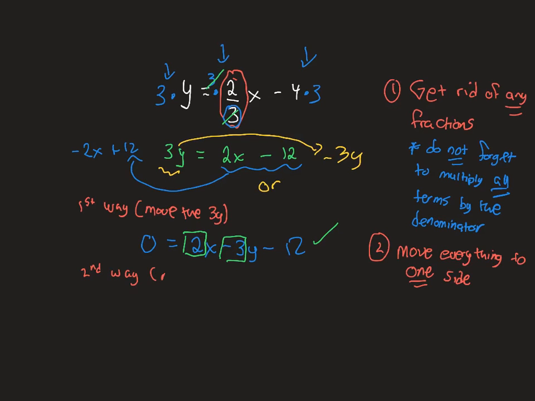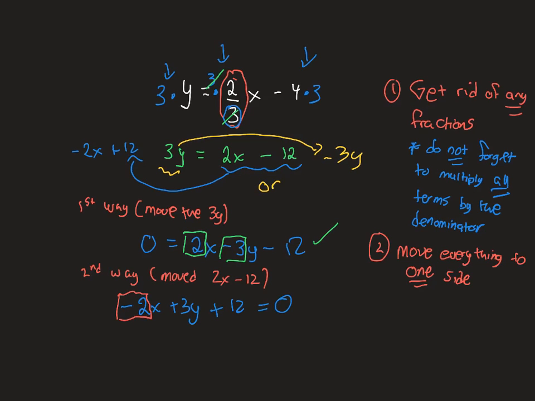Second way, if I moved 2x minus 12, you're going to see that there's a little bit more work you're going to have to do. You would end up having negative 2x plus 3y plus 12 is equal to 0. The problem is, now you have a negative 2.